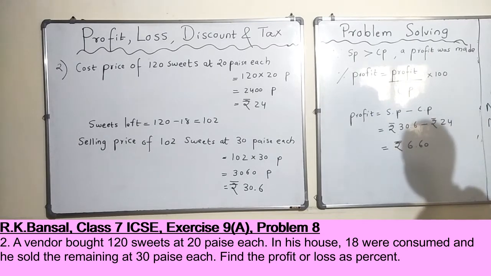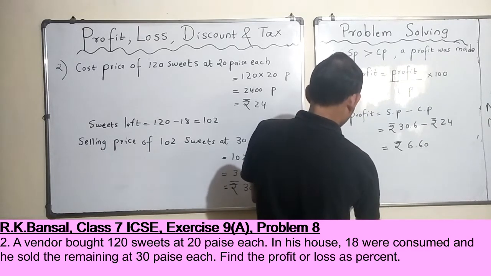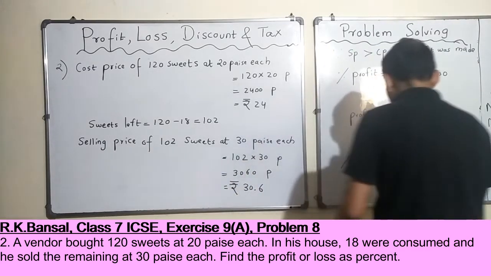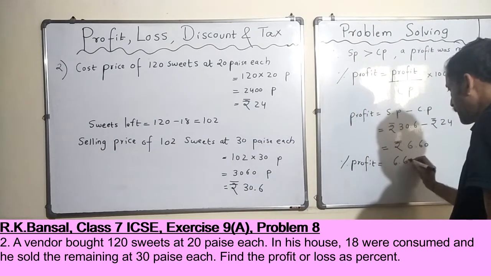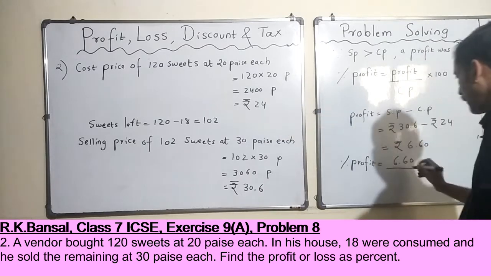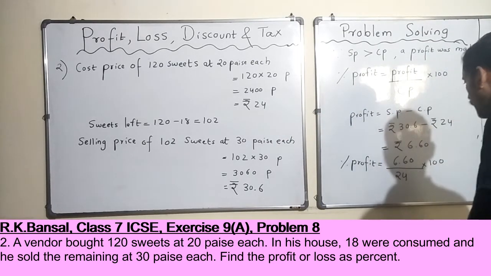All right, so now what is the profit percentage? Profit is 6 rupees 60 paise. Just substitute in this formula. Cost price is 24 into 100. Correct?